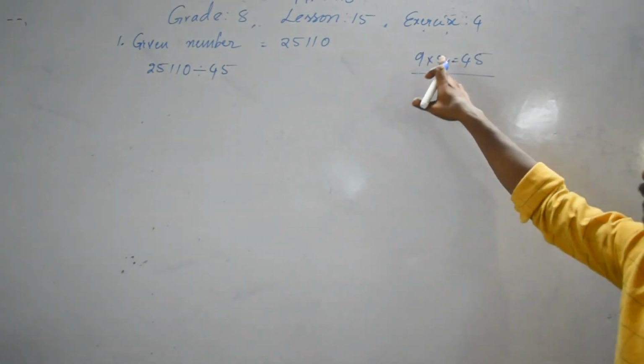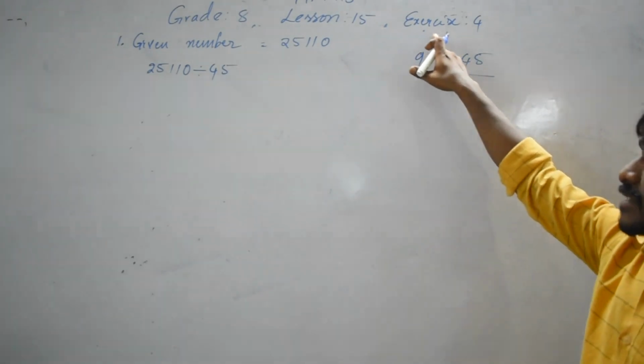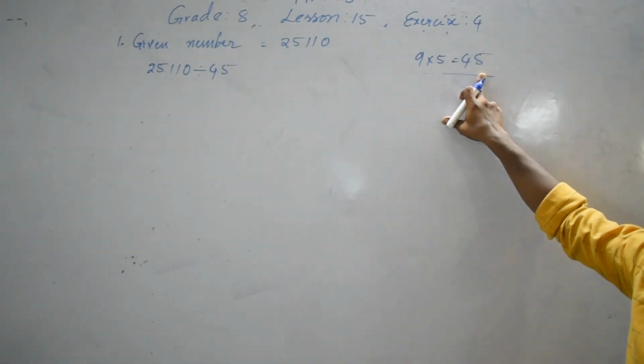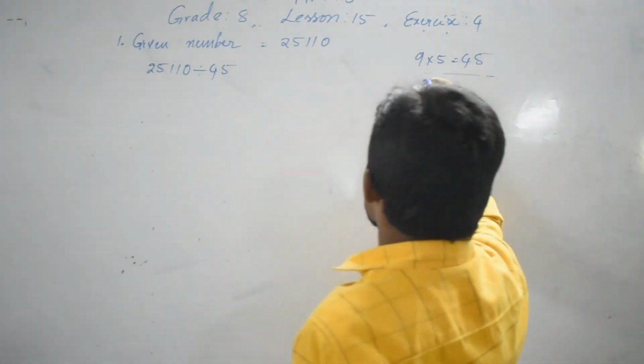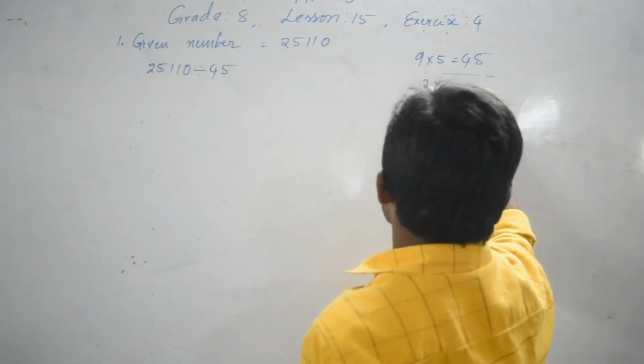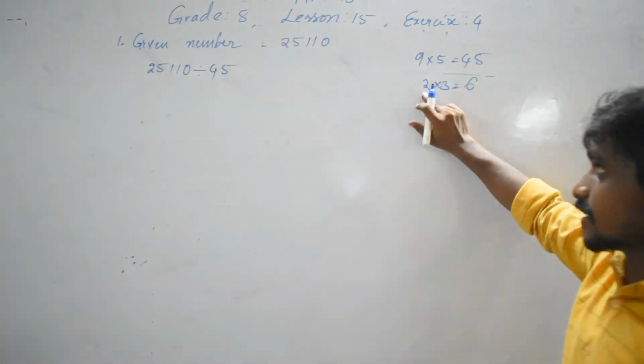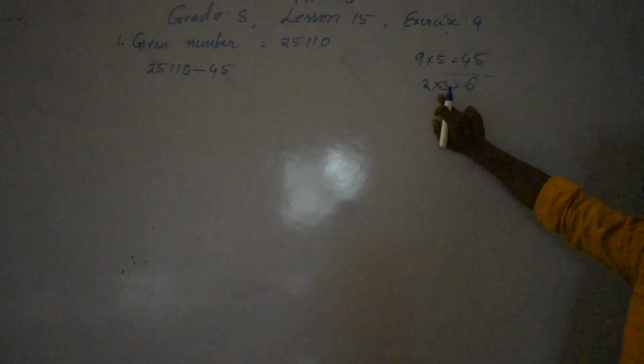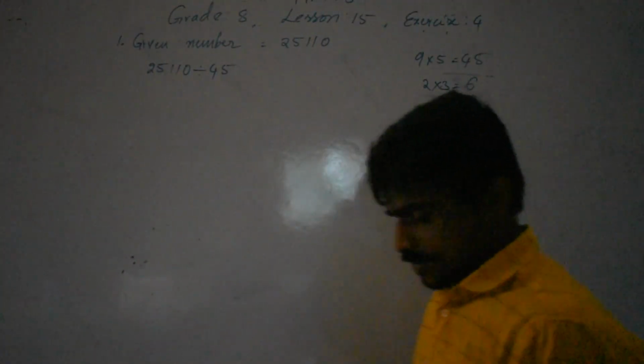If a number satisfies both, it is also divisible by 45. Like 2 threes are 6: a number divisible by 2 as well as by 3 is divisible by 6.